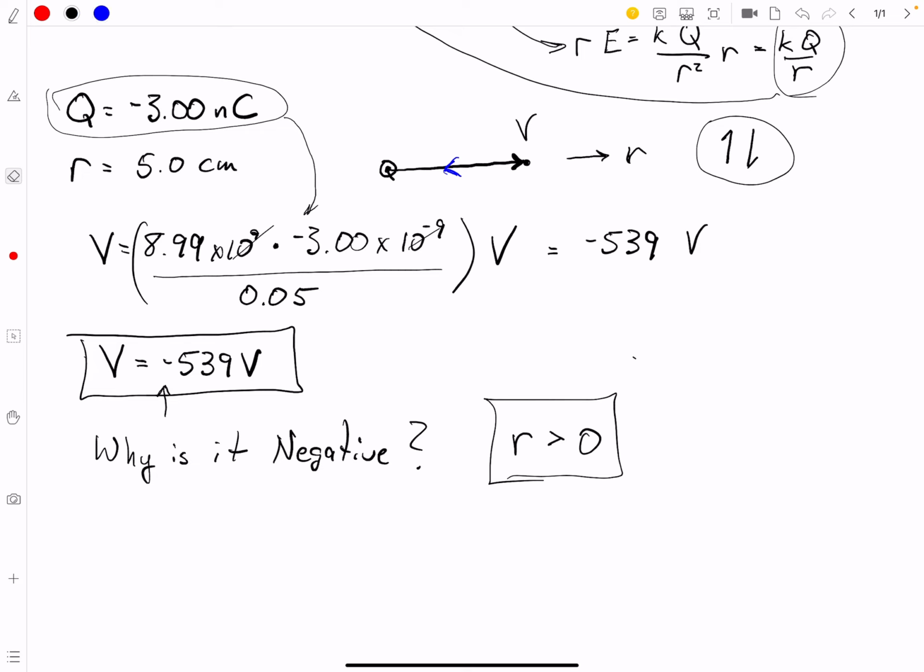And that direction totally relies on whether the Q is positive or our Q is negative. So that's it.